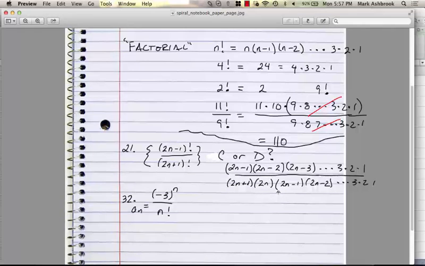Notice, what's this right here? 2n minus 1 factorial is hidden within 2n plus 1 factorial, because once you get down to 2n minus 1, then the rest becomes 2n minus 1 factorial. So this is the same as the numerator.